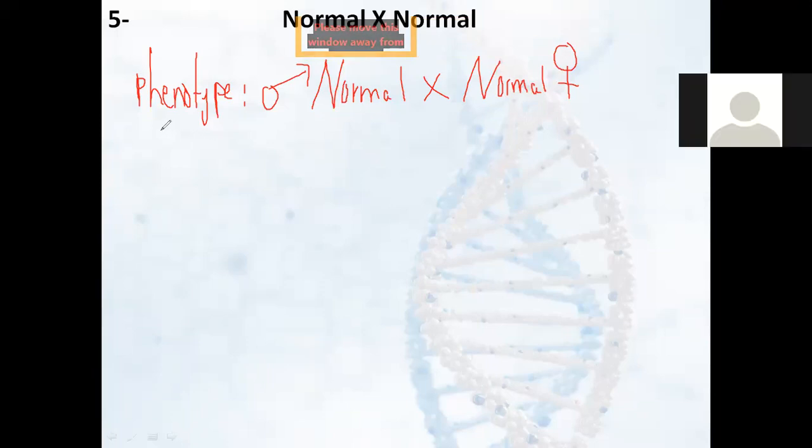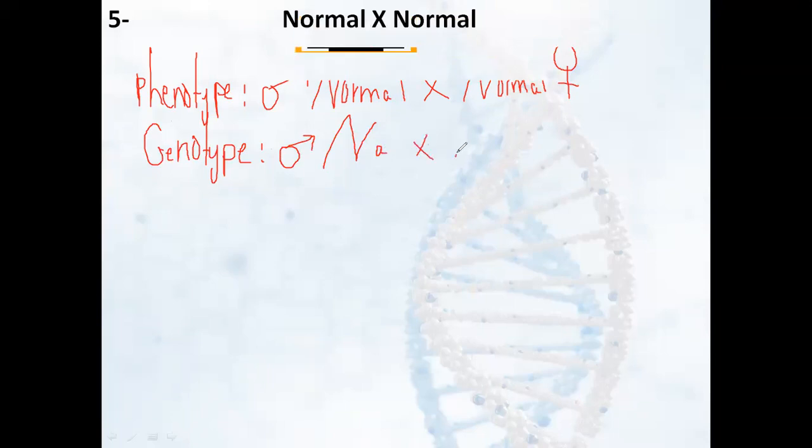Next, the genotype. Genotype, very good. So the genotype of the parents. Sarah and Maher are normal, but they gave birth to an affected child, an albino, which means that their genotype is Na. Na, very good, they are heterozygous. Crossed with Na, another Na. So here we cross them, Na crossed with Na.